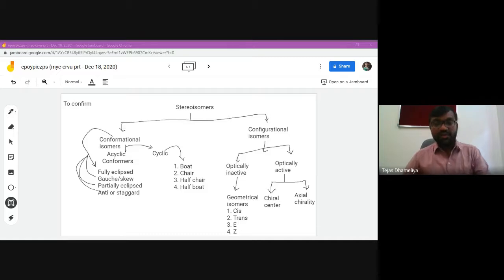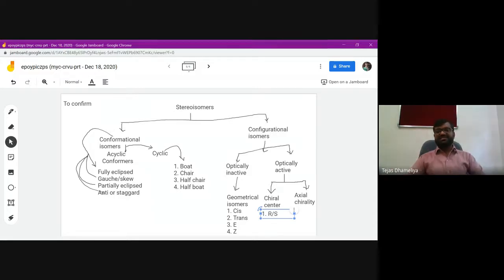Okay, so for examples of these chiral centers, they can be capital R or capital S. You know what is called R and S. It can be dextro plus, or levo minus.